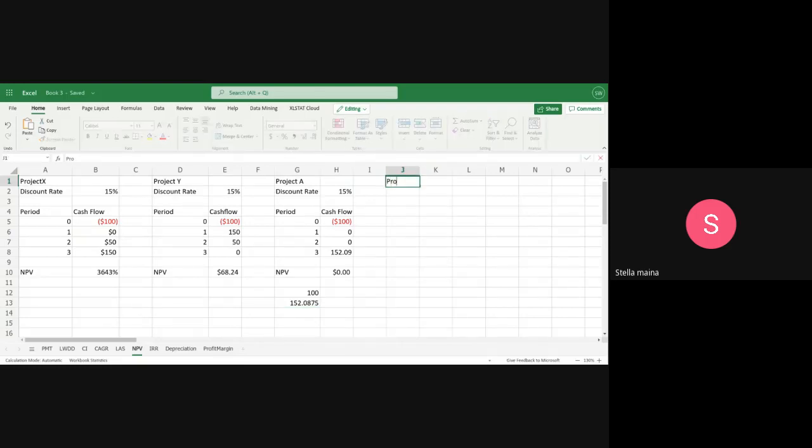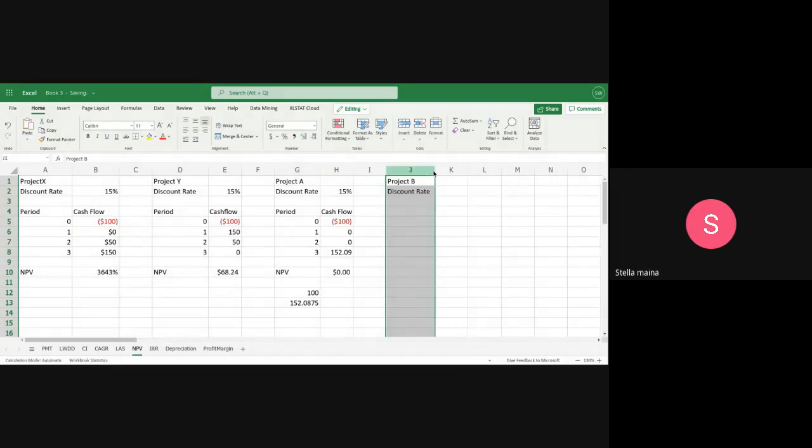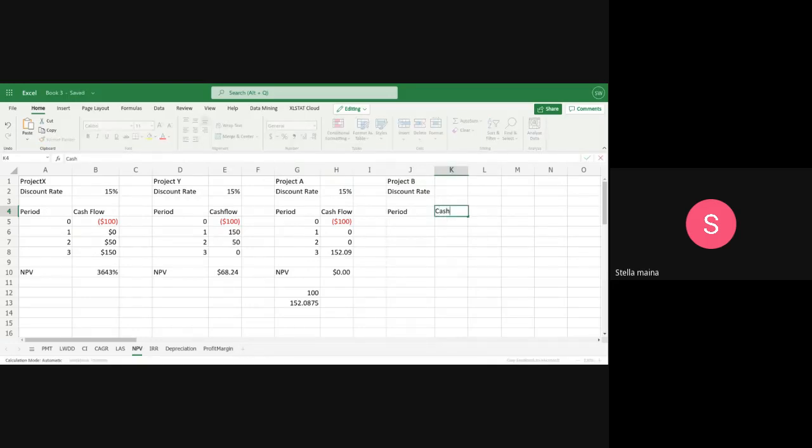So project B, discount rate, and then period, and then cash flow, and then 0, 1, 2, 3.